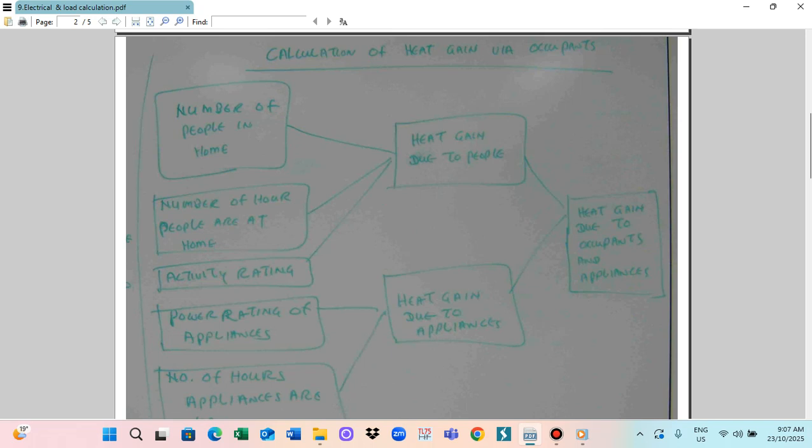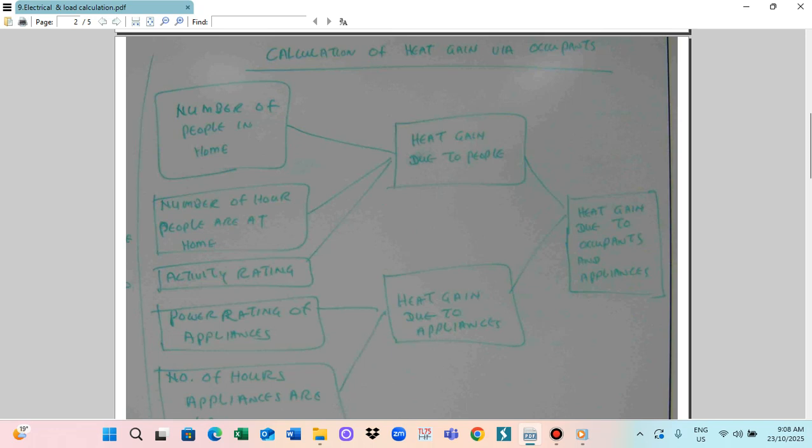Calculation of the heat gain via the occupants. Heat gain by the occupants means that people are living in the home, so we are focused on the people. The heat gain depends on the number of people in the home, because the more people, the more heat they produce.